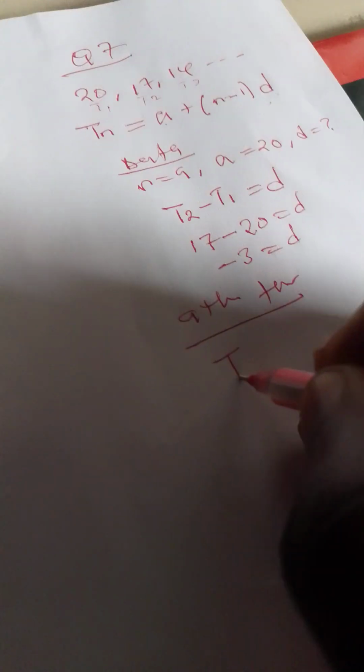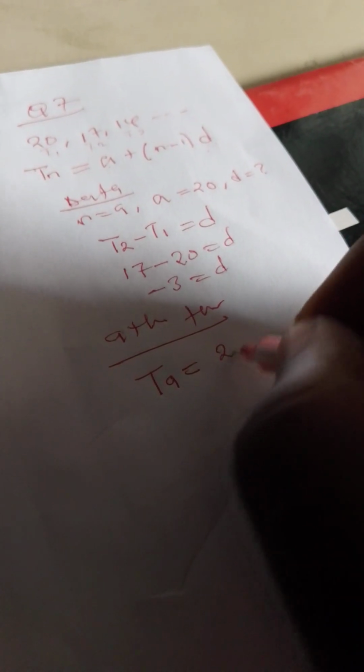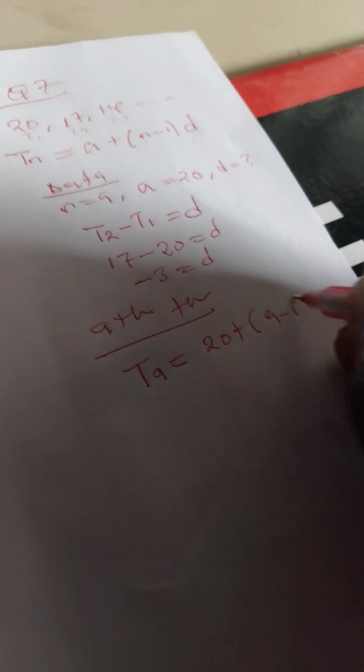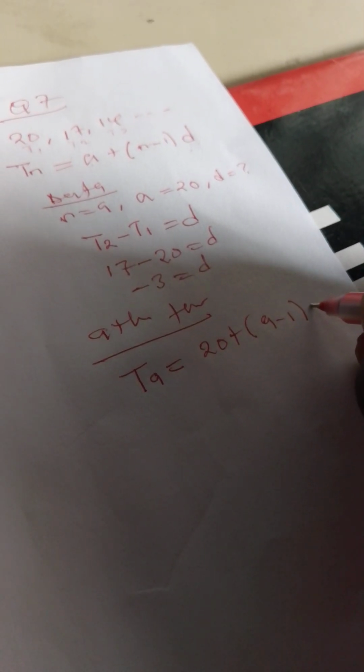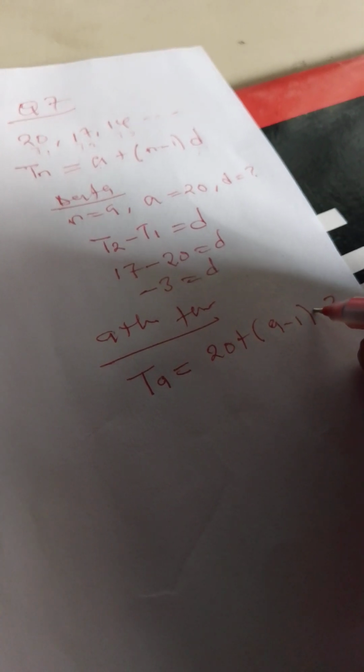The 9th term, subscript 9, is equal to A, which is 20, plus n, which is 9 minus 1, in brackets, then multiplied by D, which is negative 3. That is the expression I have. Then this is equal to 20 plus... deal with the brackets, BODMAS matters also here. What is inside the brackets? 9 minus 1 is 8, times negative 3.